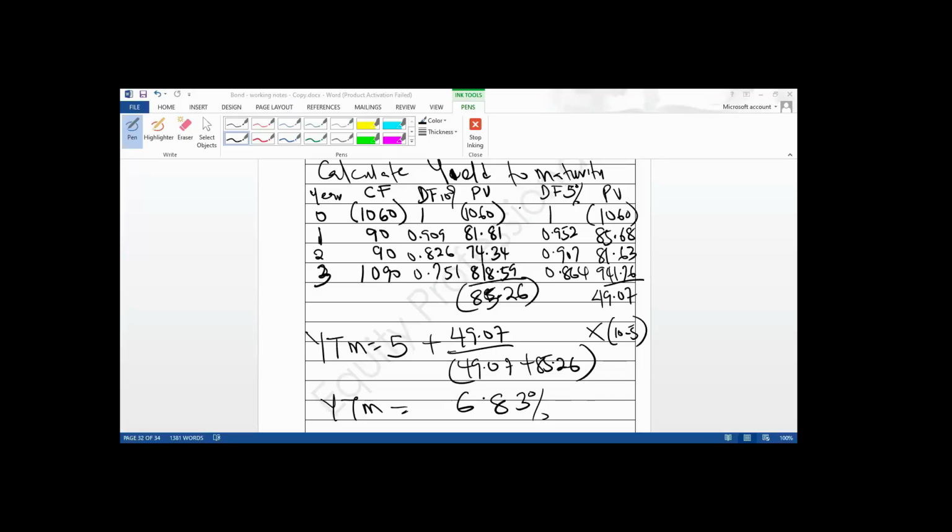Now you are asked to explain 3 reasons why the investor may be unable to realize the calculated YTM. There are 3 reasons. We have answered this question severally.